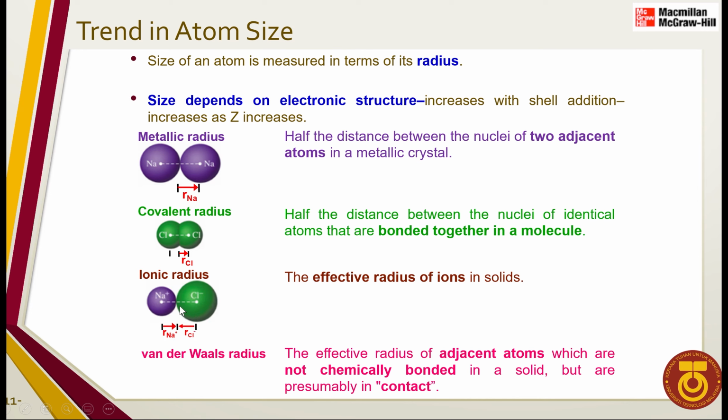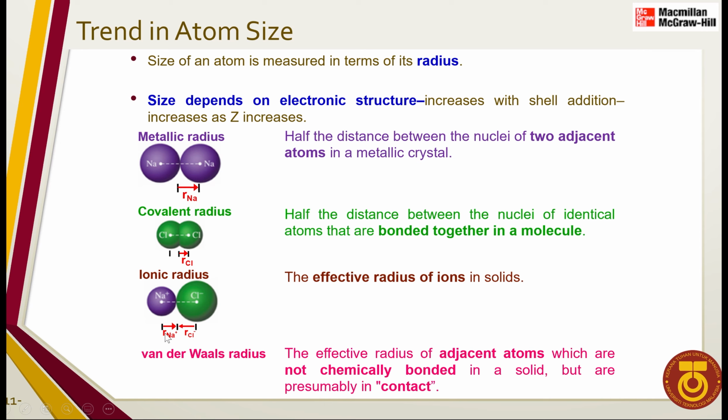Then for ionic radius, it is the example between two different atoms in their ionic state. For sodium, of course, we have a positive charge, and for chlorine a negative charge. Sodium has a smaller radius than chlorine, but the effective radius is when they are in contact like this.